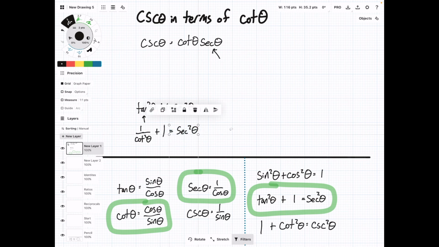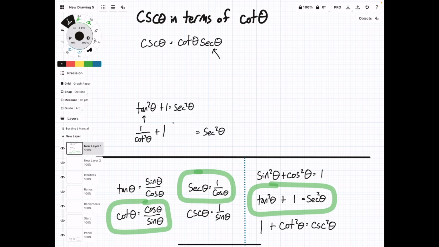I want both of these with the same denominator, so I'm going to multiply this 1 by cotangent squared theta over cotangent squared theta, which gives us 1 plus cotangent squared theta over cotangent squared theta is equal to secant squared theta. Then we're going to take the square root of each side.